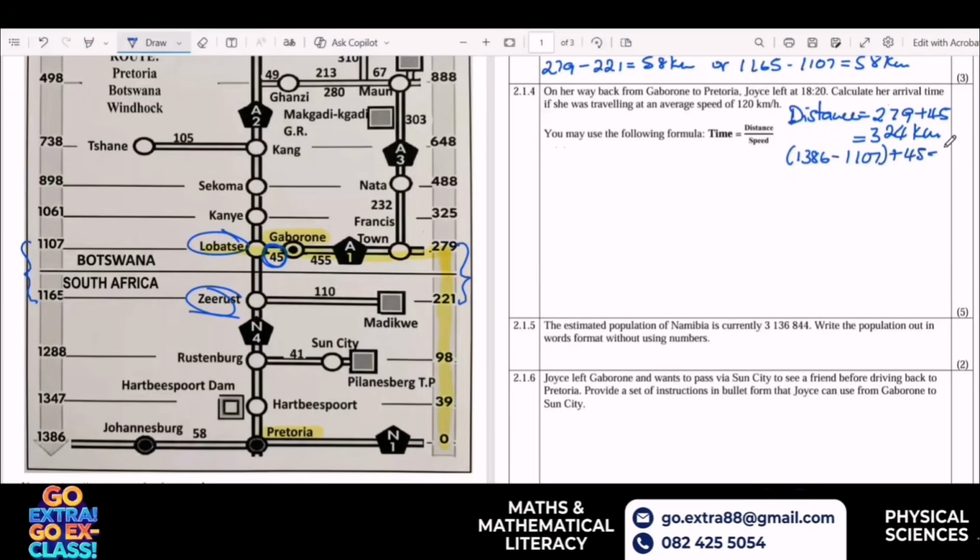Therefore, you still get 324 kilometers. So the distance is still the same. So that's what you're going to get.